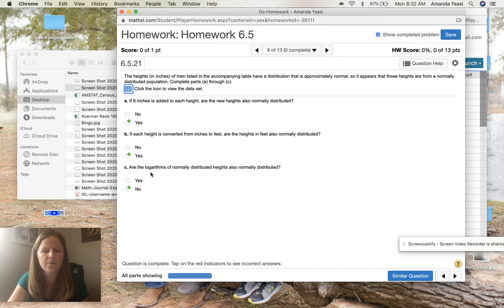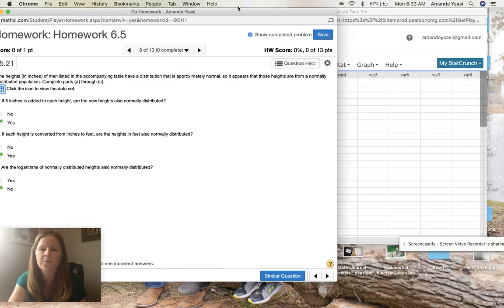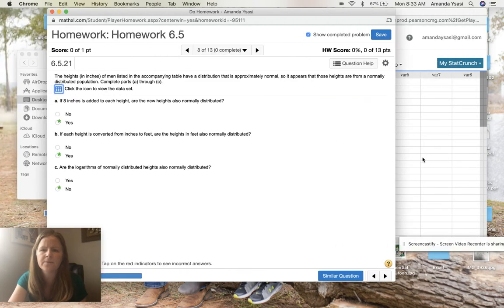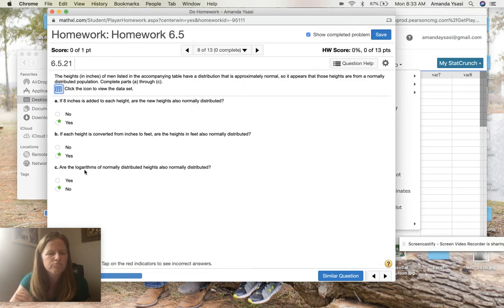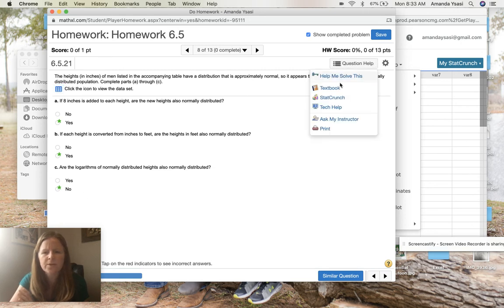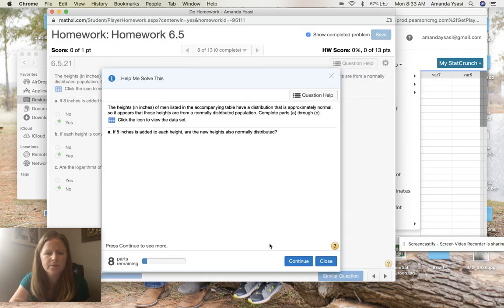Are the logarithms of the normal distributions normally distributed? Let's see. We'll have to look at what logarithms. Let's see, question help. Help me solve this.